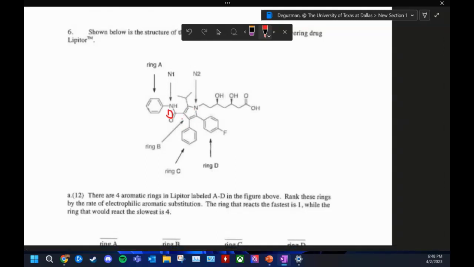Okay, ring B. It looks like it has substituents on pretty much all of it, right? So here we have an R group, donating or withdrawing? Donating, yeah. How about this, the other side of the amide? Donating or withdrawing? Yeah, withdrawing.